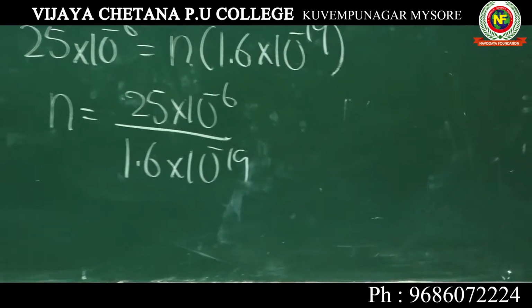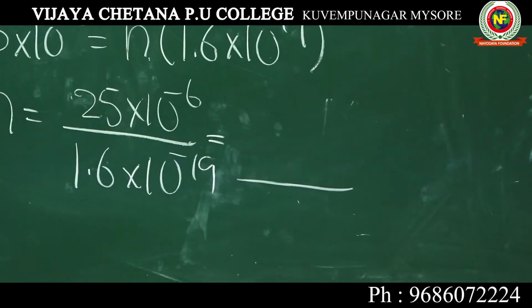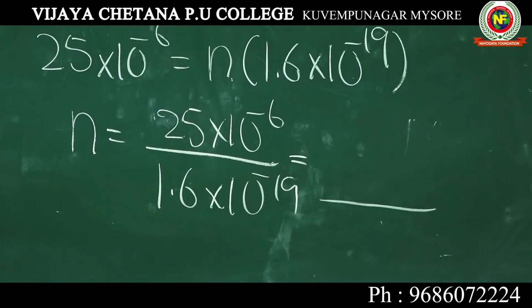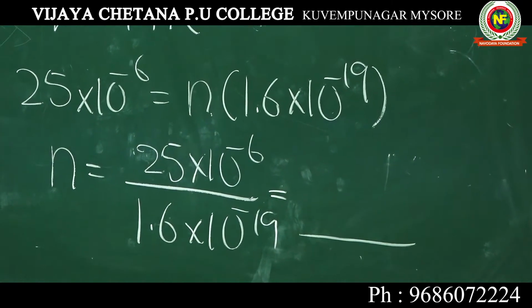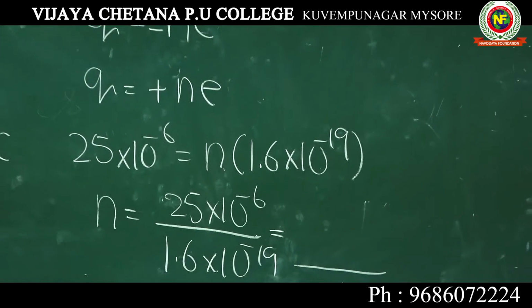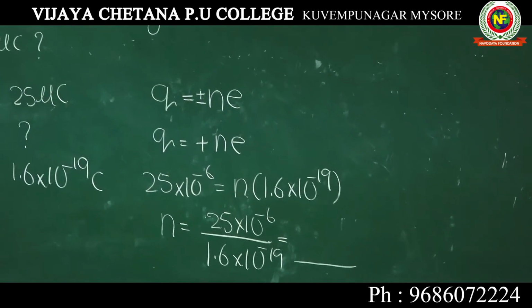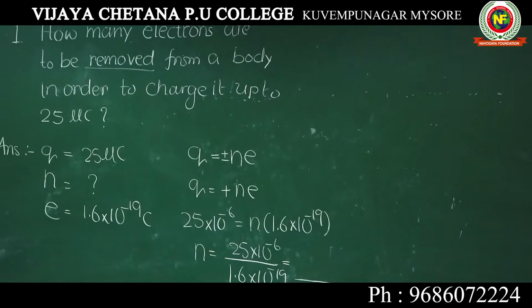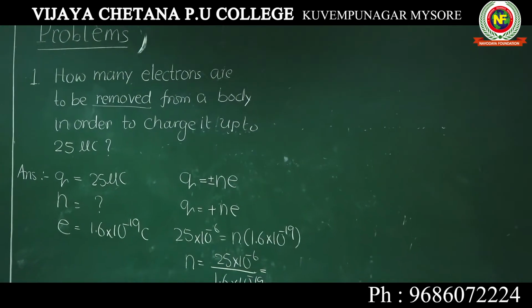You must do this calculation using a calculator, simplify this and put the answer in the WhatsApp group. Understood clearly? Problem number 1, you must solve and put the answer in the group.